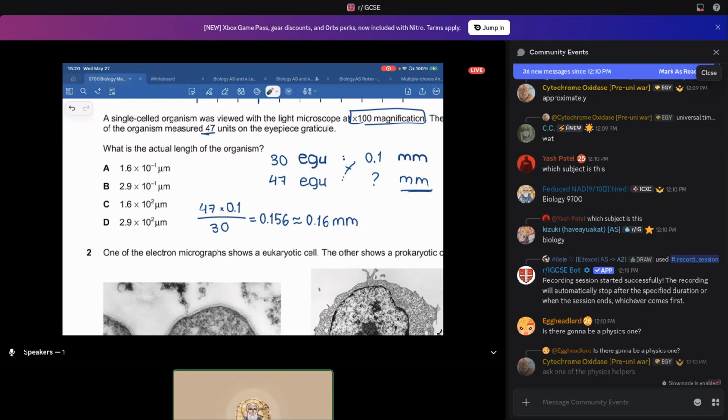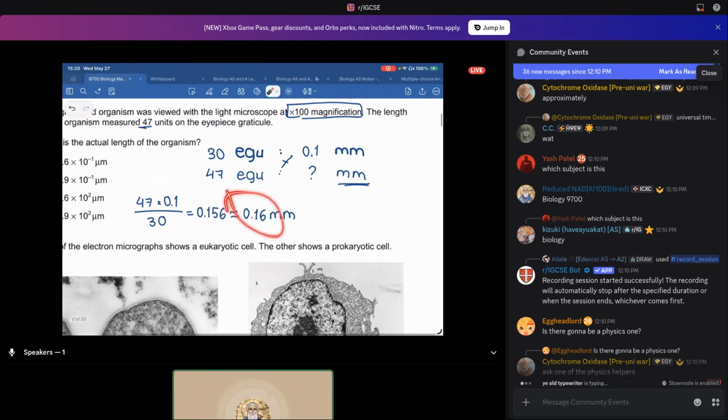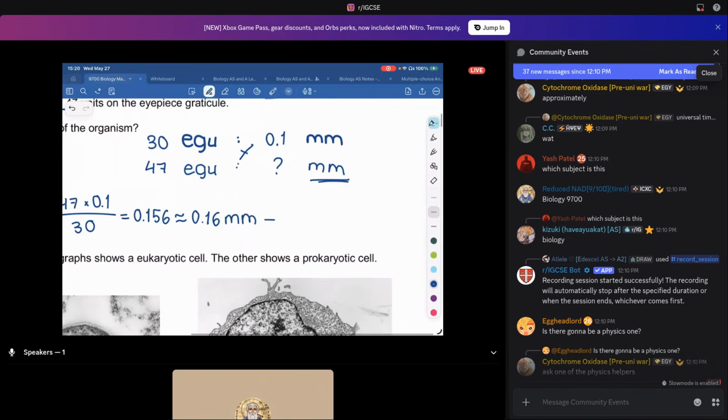Okay, now I look at the options. I can't find anything. I find 1.6, A. Look at the units. Micrometer. That times 10 to the -1, so that would be 0.16, A. Look at the units. Here it's micrometer, here it's millimeters. So we work accordingly and convert from millimeters to micrometers. You know that this conversion is times 1000.